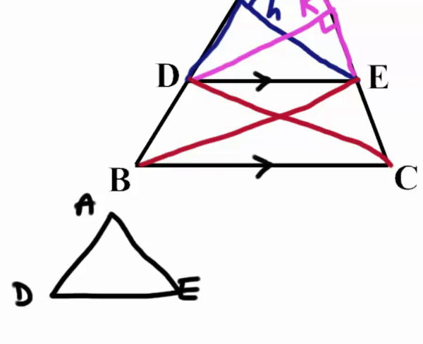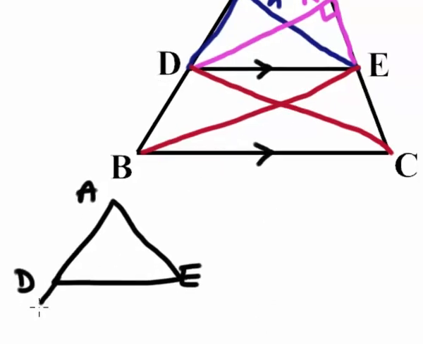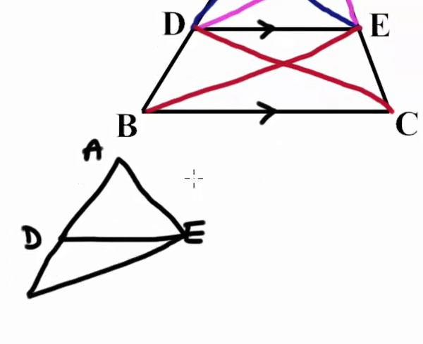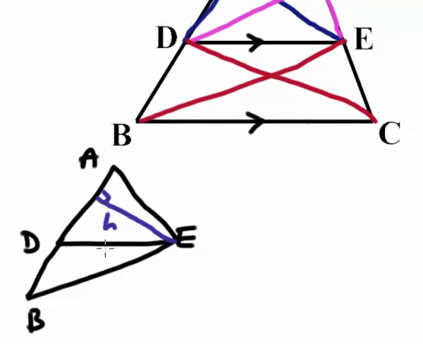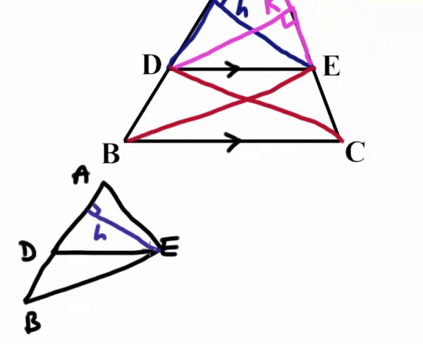You've got triangle ADE, and if you extend that, you now have triangle BDE. And if I look at this height, it's shared by both triangle ADE and BDE. They have the same height, although they have different bases. This one will have a different base to ADE.